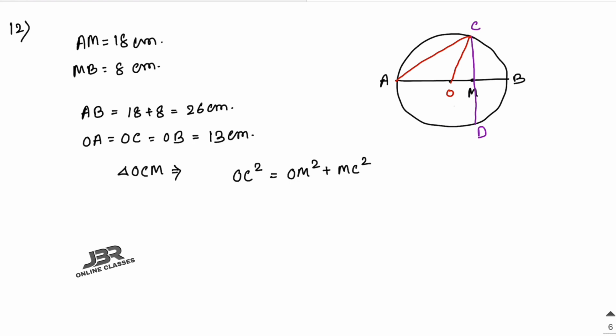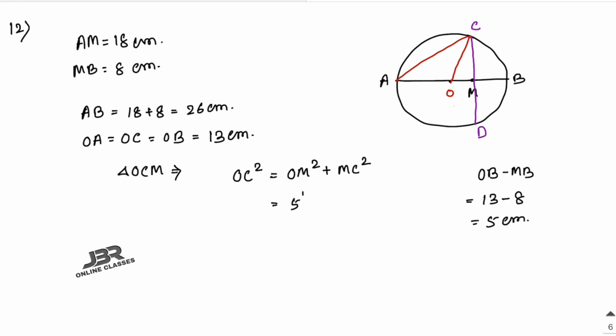OC is the hypotenuse, M is the right angle. So in the place of OM, you can write OB minus MB. OB here is 13, MB is 8, and that is equal to 5 centimeter.